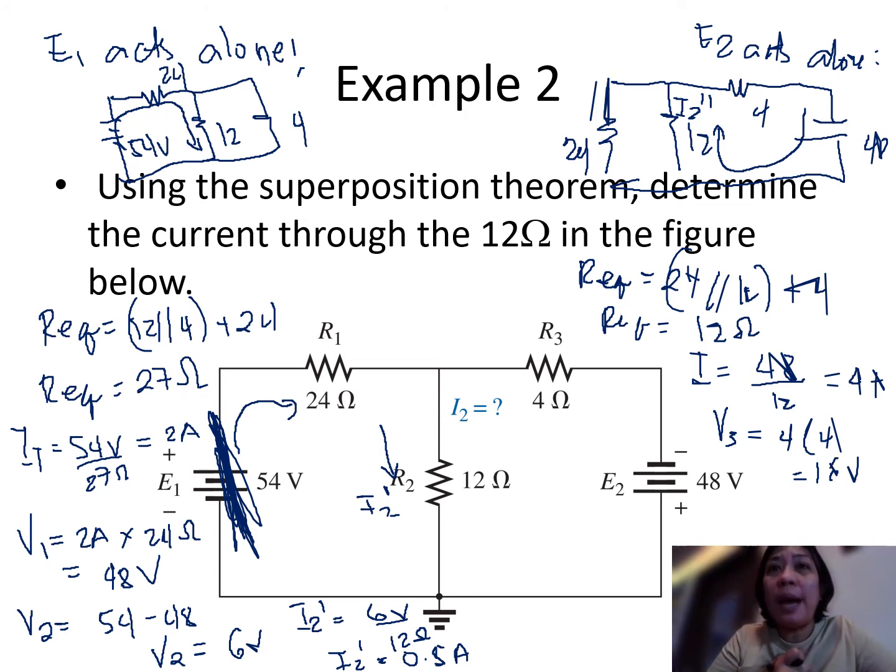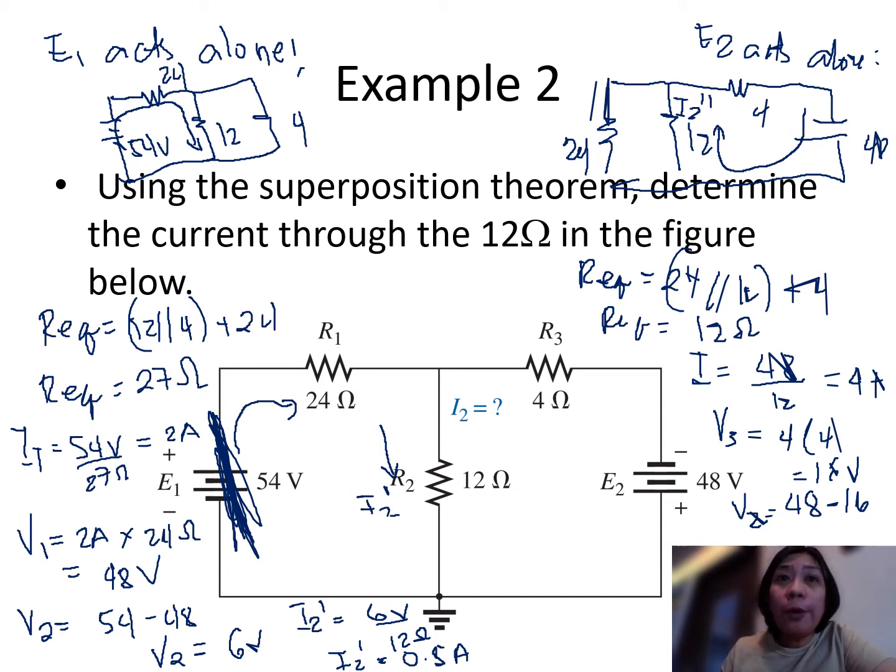That will give us the value of the voltage across your R2 when your 48 volts acts alone. What is the voltage across R2? V2 is equal to 48 minus 16. 48 minus 16 will give us 32 volts.